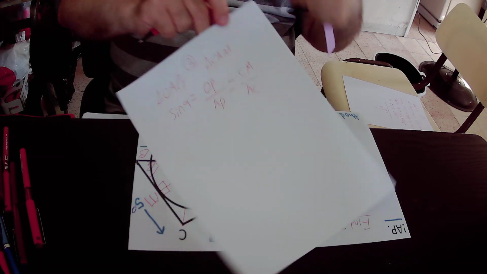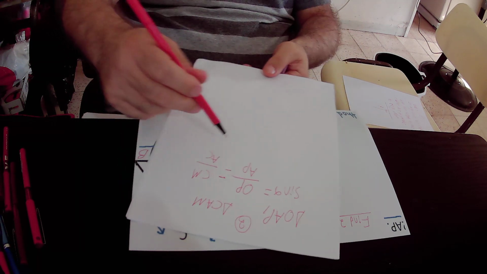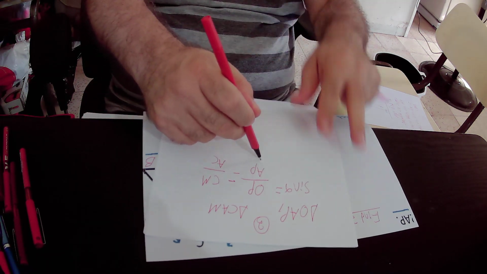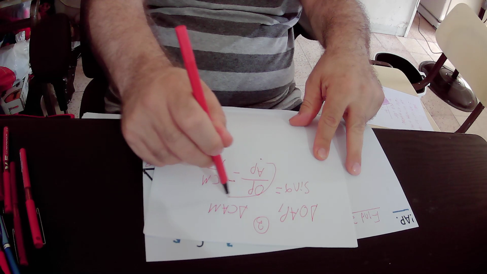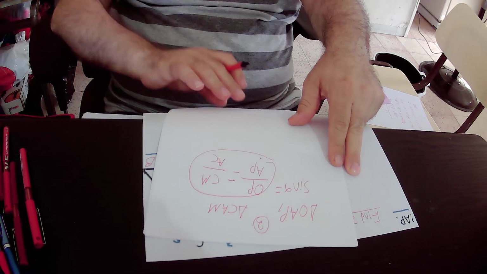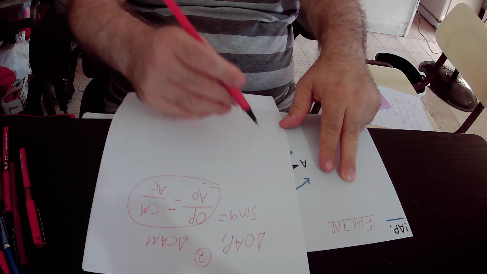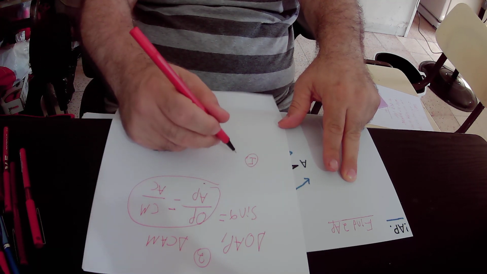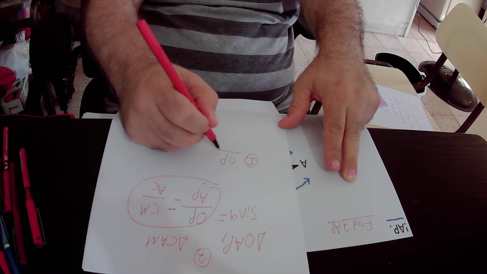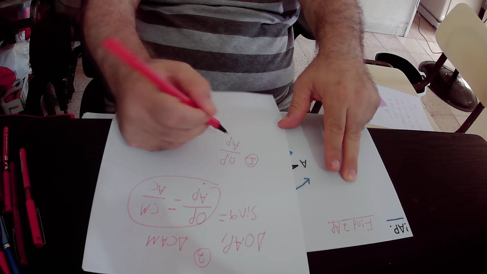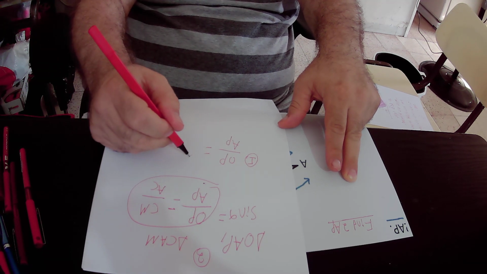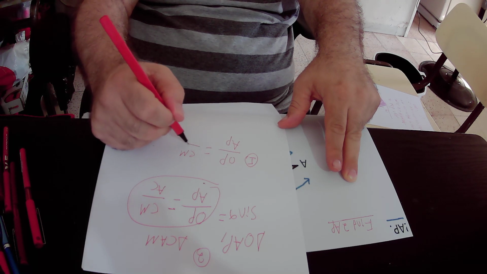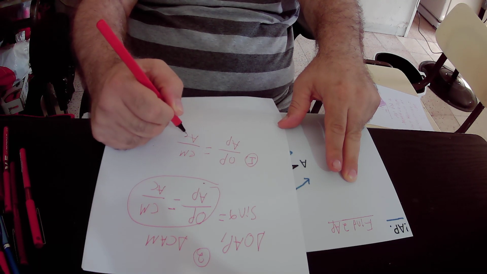So we can rewrite this equality. The first equation will be OP over AP equals CM over AC.